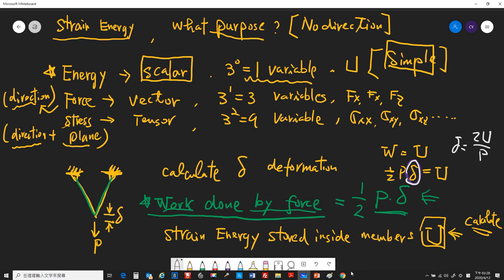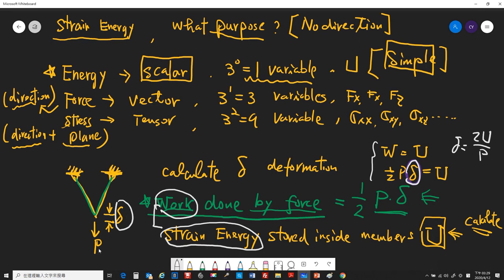So this is the idea: you can very easily calculate the deformation by the relationship that work done equals the strain energy, because the energy has no direction.